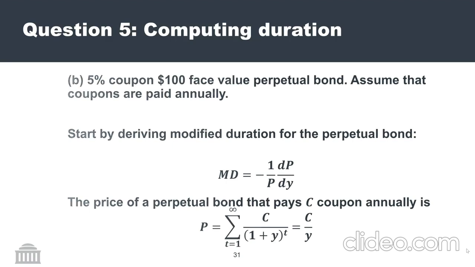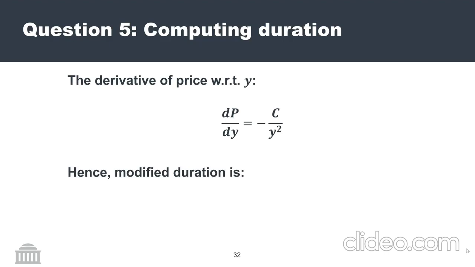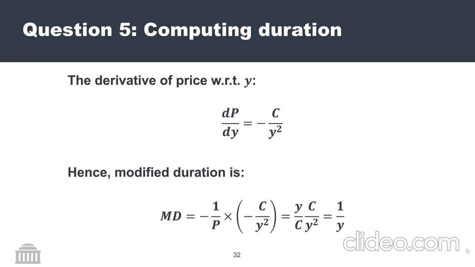Now what we will do is first find the derivative of the price of the bond with respect to y. And this is very simply just negative C divided by y squared, because again, the price of the bond was just C divided by y. And now we can plug this back into the modified duration equation.